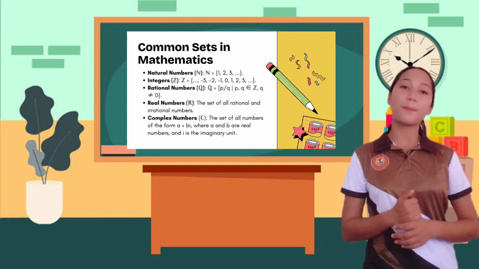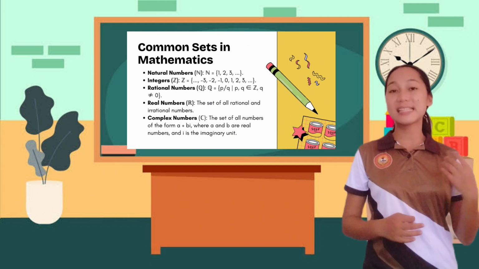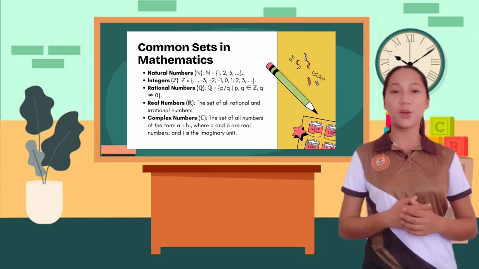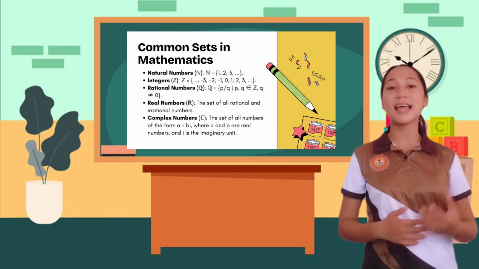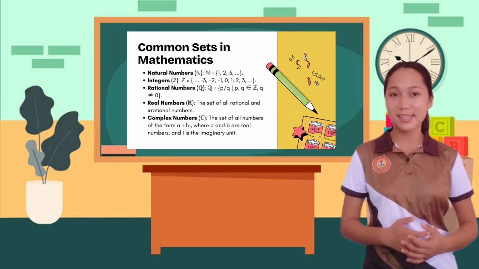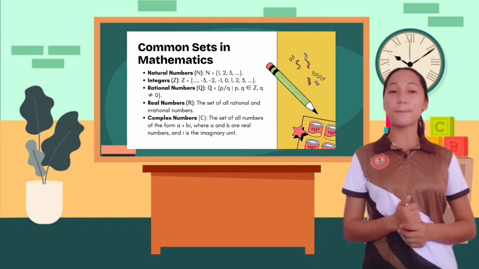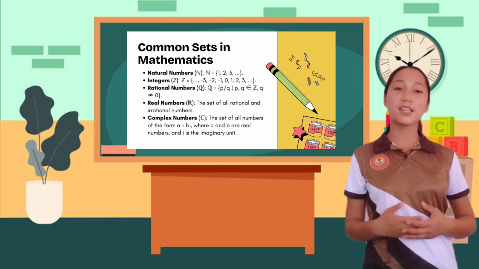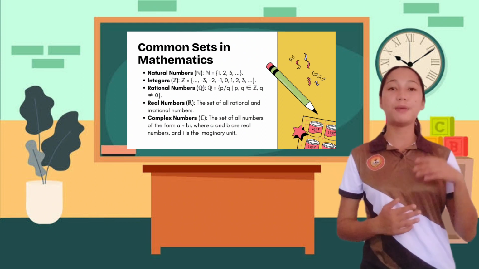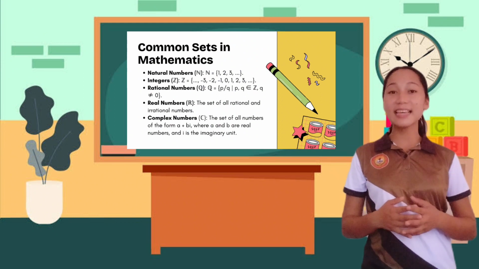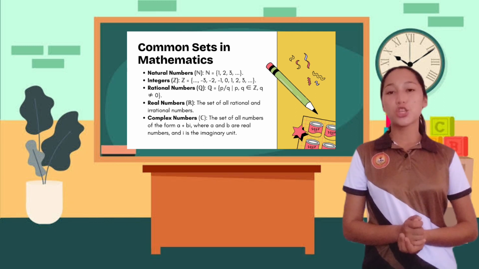Then we have rational numbers, where p, q are elements of Z with q not equal to 0. Then, the real numbers is the set of all rational and irrational numbers. And finally, the complex numbers, or set C, contains all numbers of the form a plus b times i, where a and b are real numbers and i is the imaginary unit.